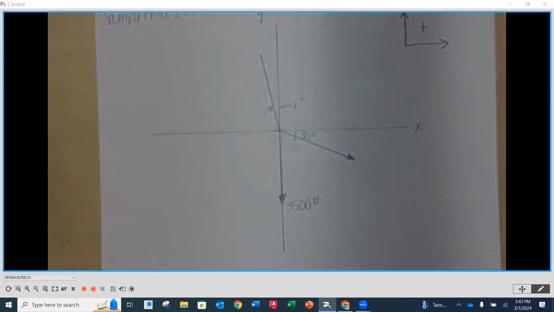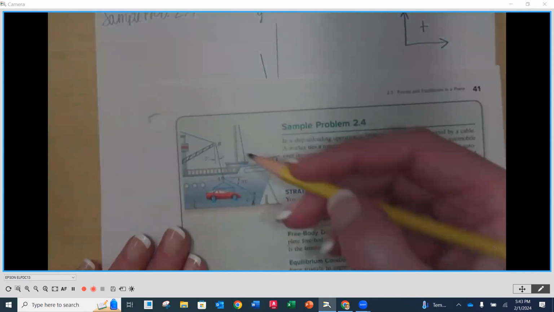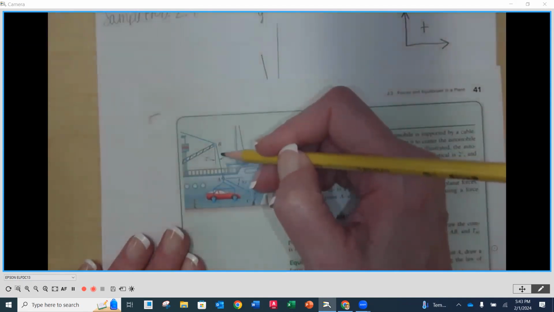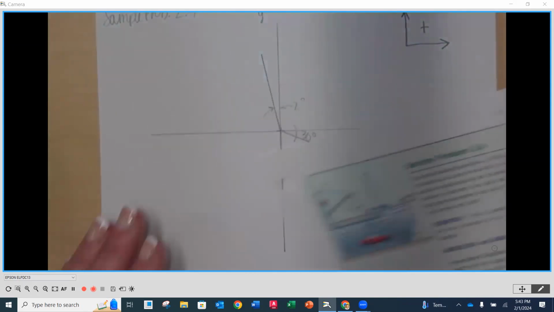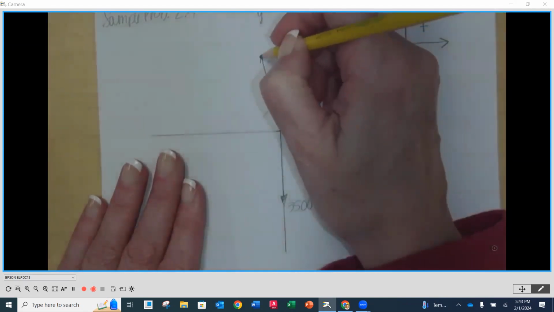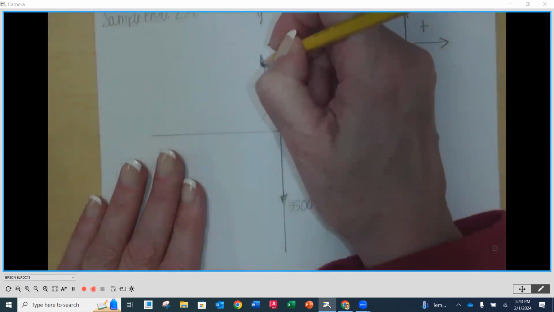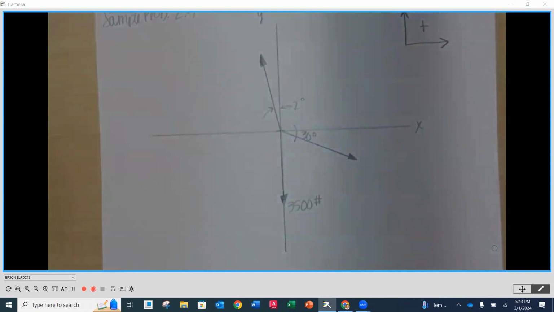If this cable were completely vertical, it would be going up. Because it has to have a vertical component, this cable will be supporting in this direction.